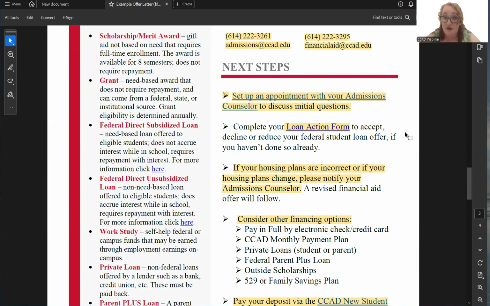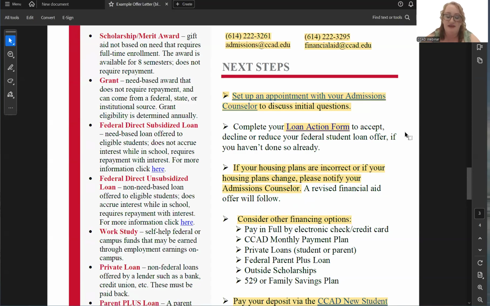What's your interest rate going to be? When do I start paying back loans? Where do I pay the loans, right? So those questions are going to be answered in that video and questionnaire that's going to be at the end, all right? Finally, you're going to fill out the master promissory note.